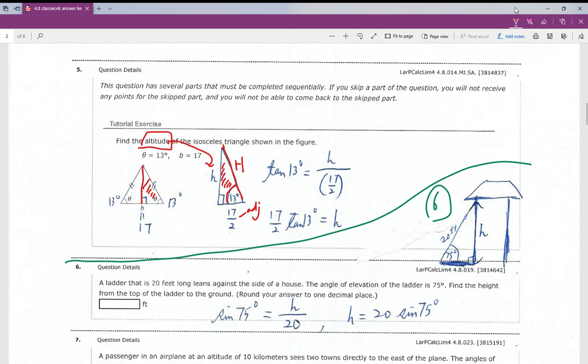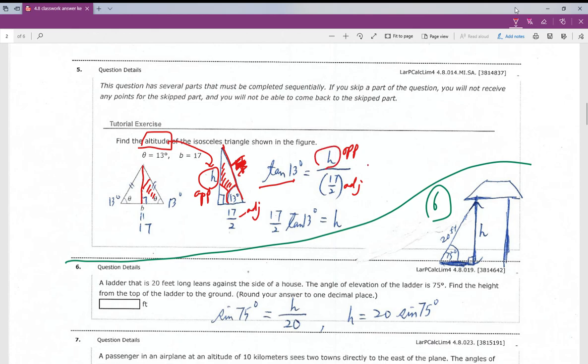Now, the question asks you to solve for altitude. Altitude is opposite to the angle. So it's opposite to the adjacent. Then you need to use tangent. So nothing to do with the hypotenuse. So how to solve for h?